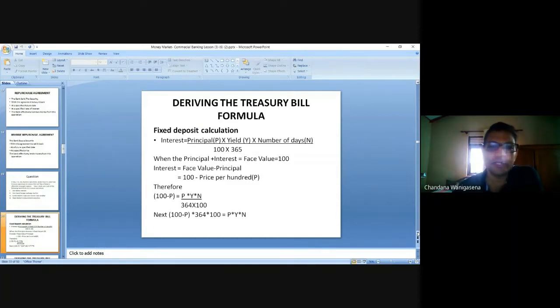In an exam, I usually throw in one question, either a simple calculation very much similar to what we learned today, usually the price calculation of a treasury bill or treasury bond. That is part of the question usually, but at times I'll give essay type questions also.